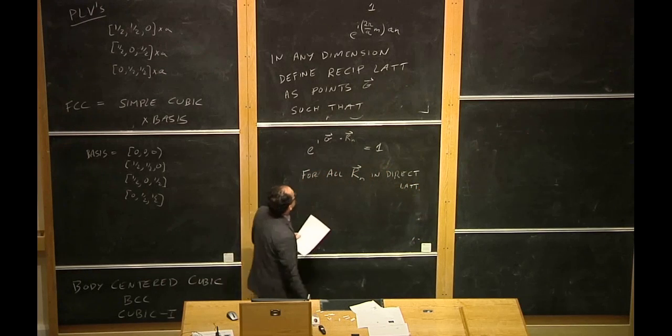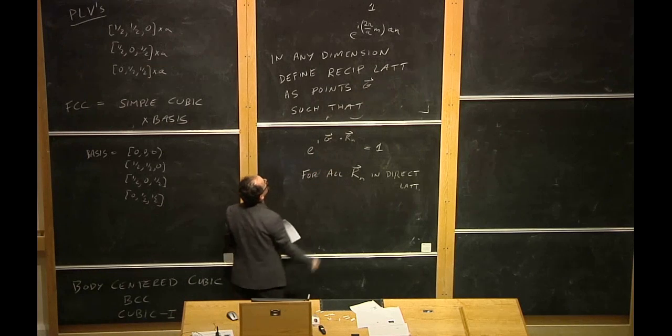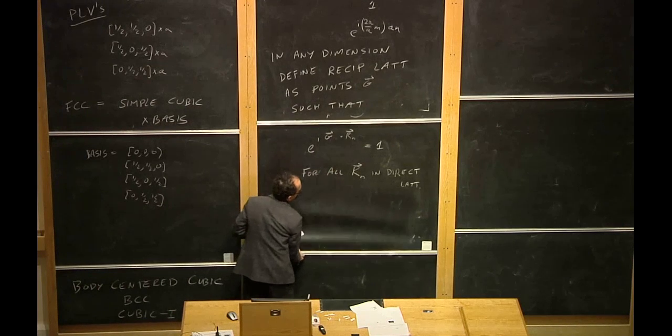So this is our general definition of the reciprocal lattice vectors G in the reciprocal lattice.